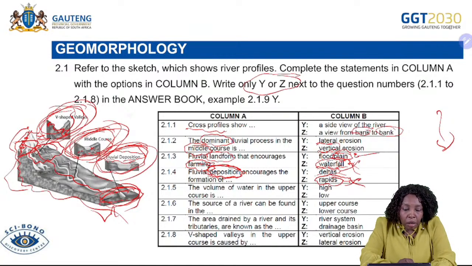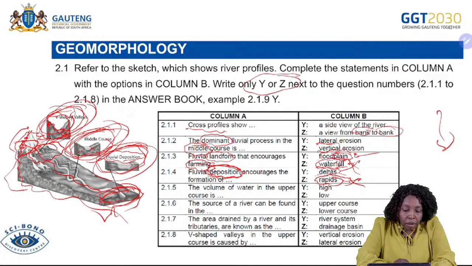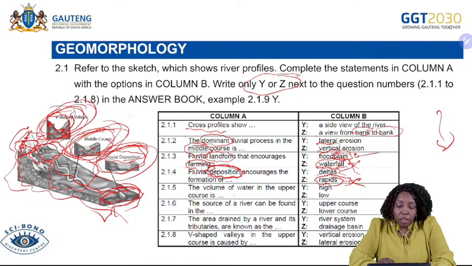But when you go to the cross profile as well, when you look at this deep, narrow, V-shaped valley here, the amount of water found at the upper course would be less water. And then if you look at the middle course, we see now the stream is getting wider. And it means there is more water now contained within the river channel. So for this question, it says the volume of water in the upper course. So the correct answer would be this one.